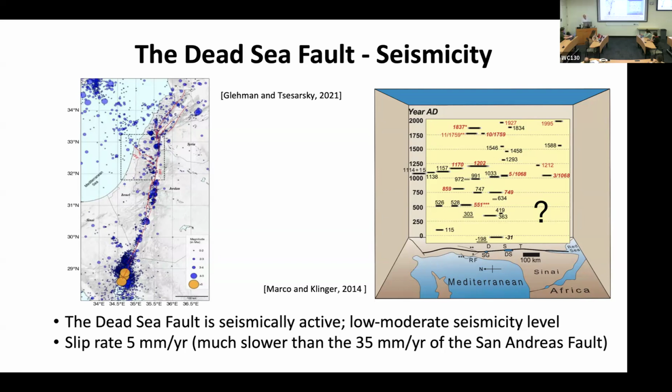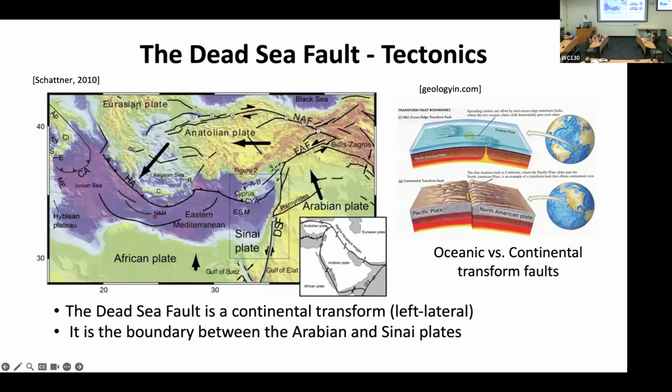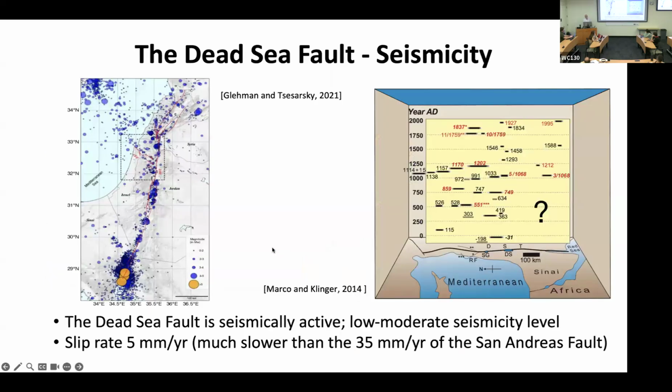It's about 5 millimeters per year, versus in California, where we talk about 35 millimeters per year. So the rate of seismicity is much higher in California. The North Anatolian fault is about 25 millimeters per year, and here it is about 12 millimeters per year. So we tend to have more seismic events there than on the Dead Sea fault.